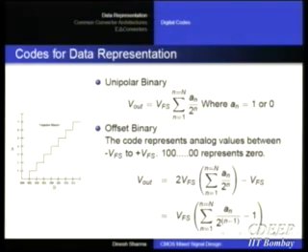However, suppose the number can have positive as well as negative signs. So what can I do? If the number could be positive as well as negative, then one obvious way is that I can shift the entire range so that the shifted range becomes positive. So suppose I have a value which goes from minus VFS, V full scale, to plus VFS.